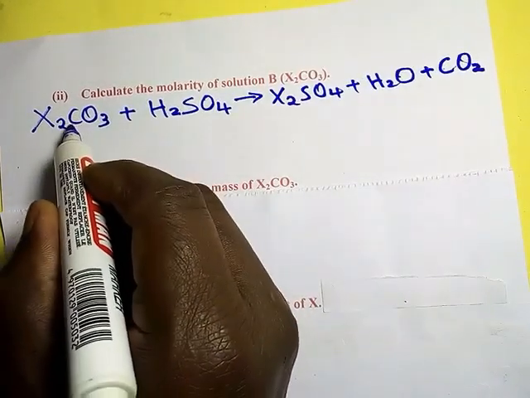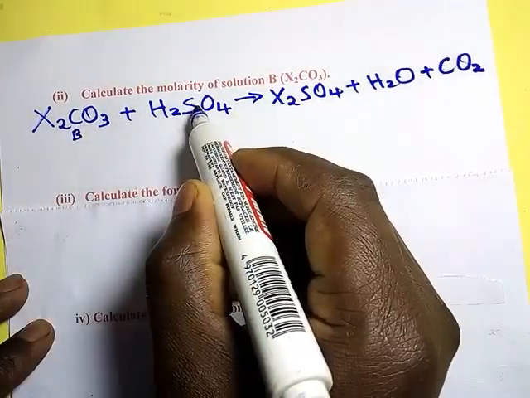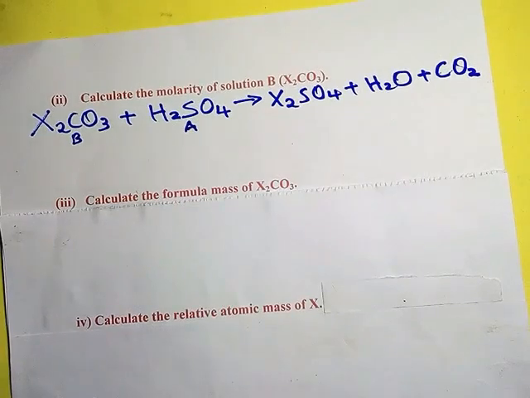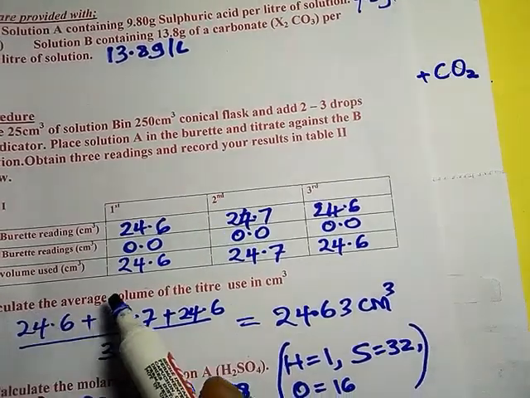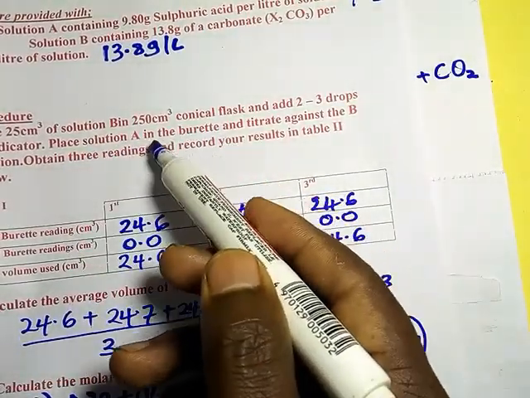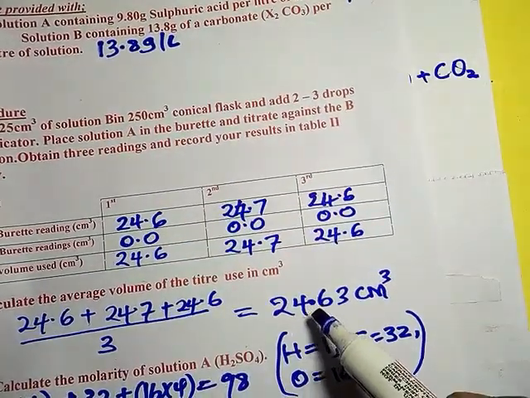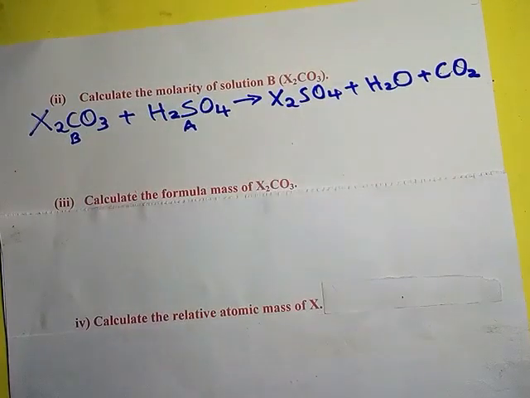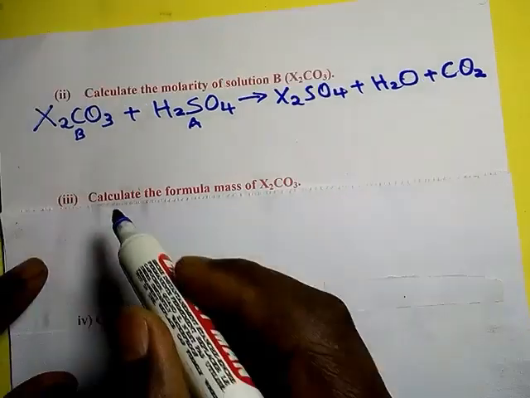Remember, this one is solution B and this one is solution A. So we can say that the volume here, what was in the burette, is solution A. So this volume is the volume of solution A, and we have the molarity of solution A.